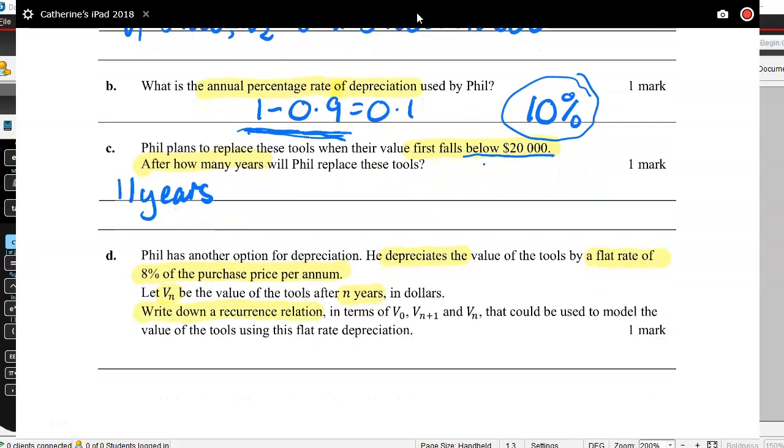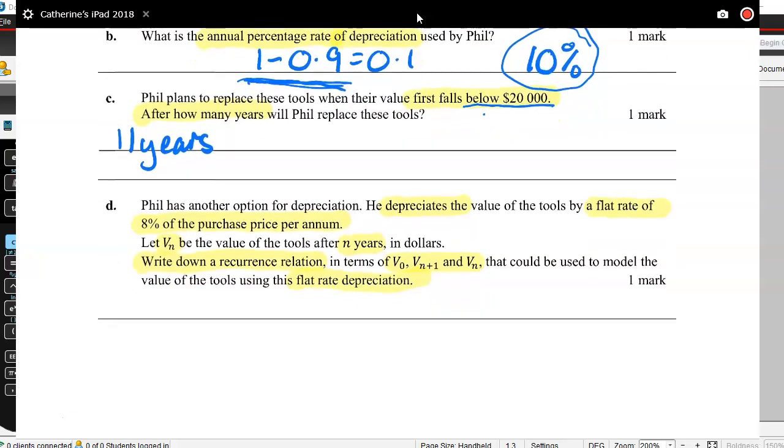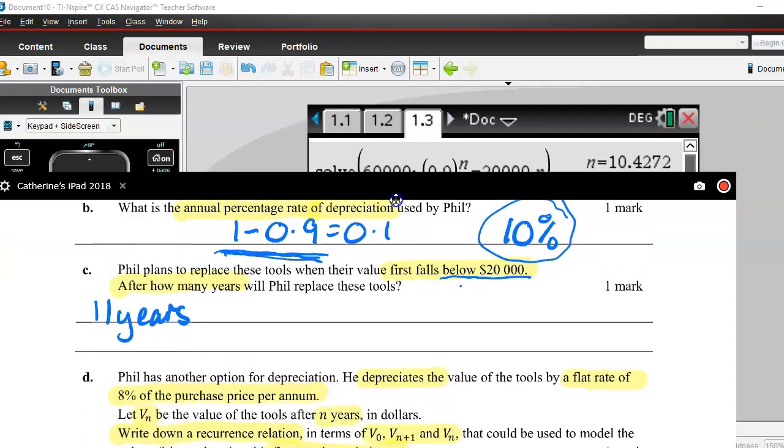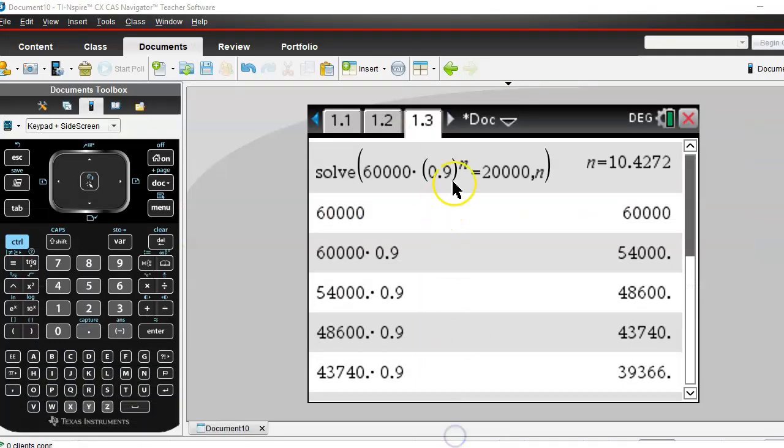Write down a recurrence relation in terms of V0, Vn plus 1 and Vn that could be used to model the value of the tools using this flat rate depreciation. Okay, so first off, 8% of 60,000. Now 10% of that is roughly 6,000, so 8% is going to be less than that.